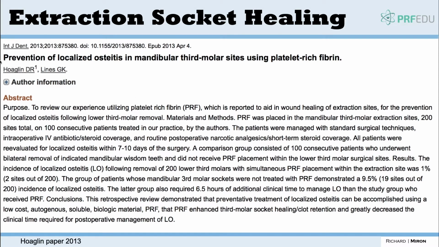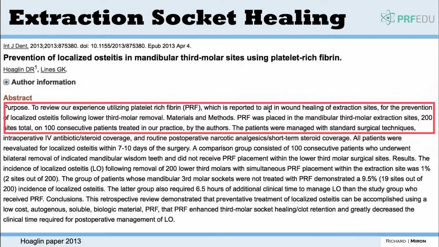This is another nice study, prevention of localized osteitis in mandibular third molars. The goal of this study and the way it was conducted is essentially that PRF was placed in the mandibular third molars of 200 sites. So this was 100 consecutive patients. Again, on one side they placed PRF, on the other side they didn't place PRF and just let it heal naturally.